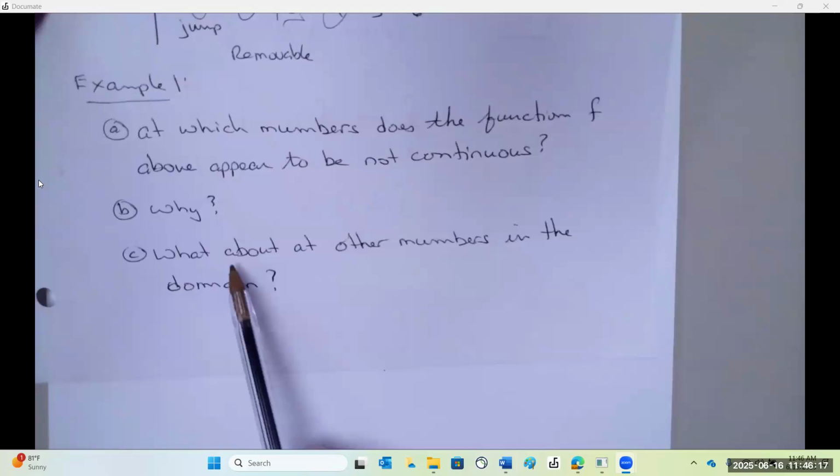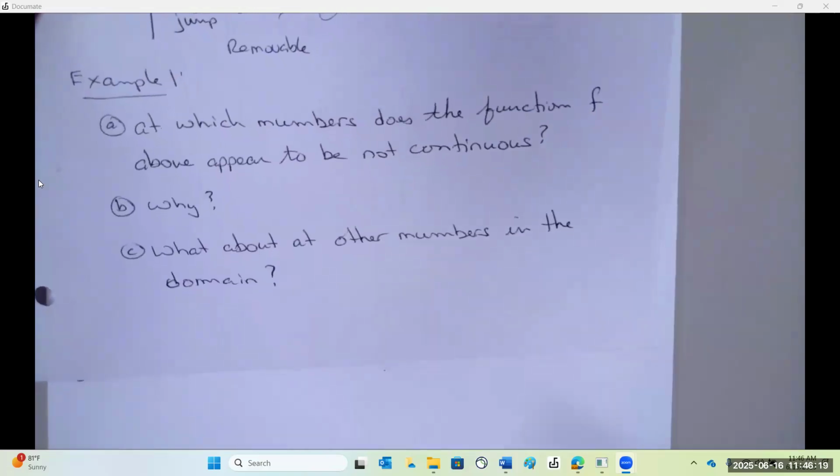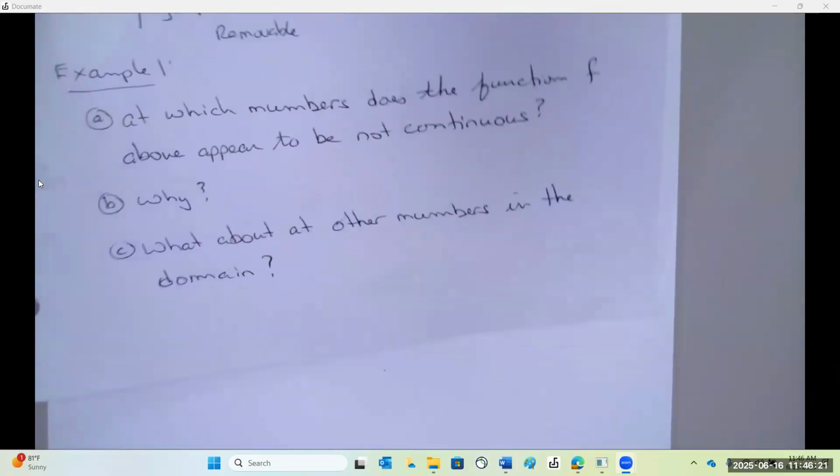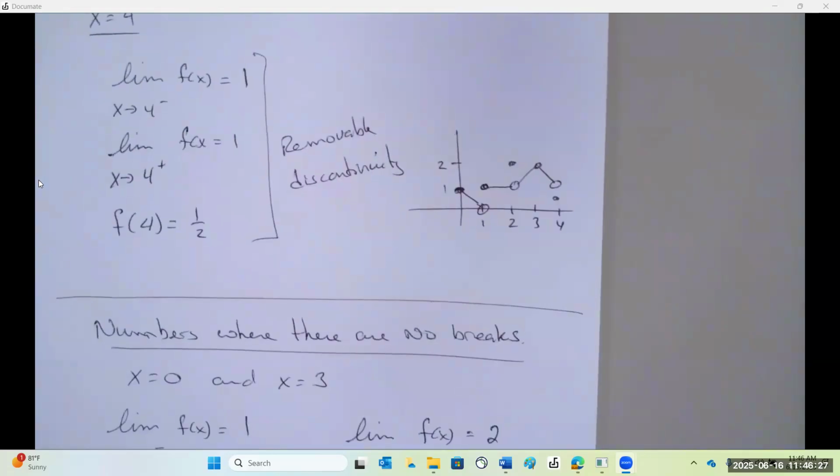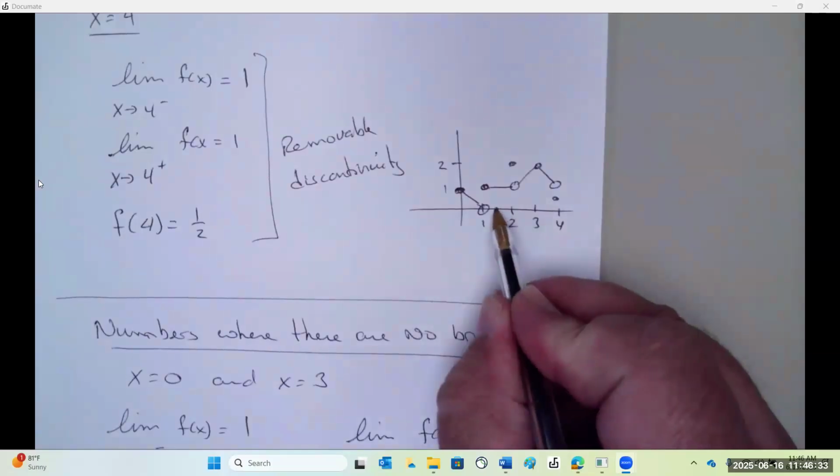Why? We just discussed that. What about other numbers in the domain? Are those all the numbers in the domain? Those are all the integers in the domain. What about at 1.5?